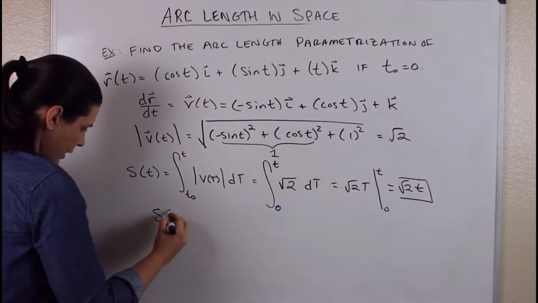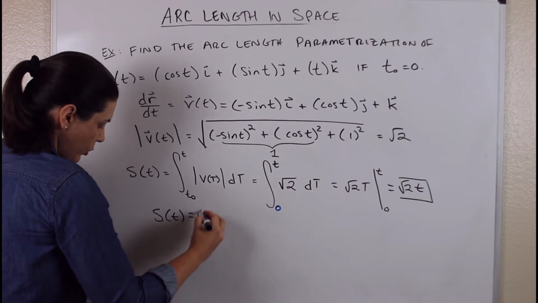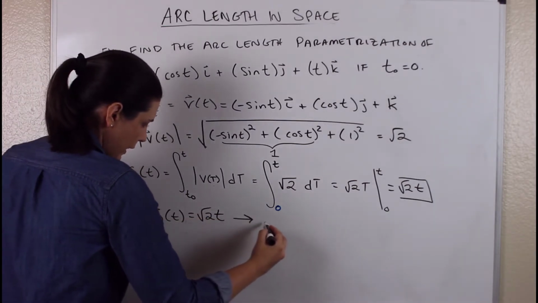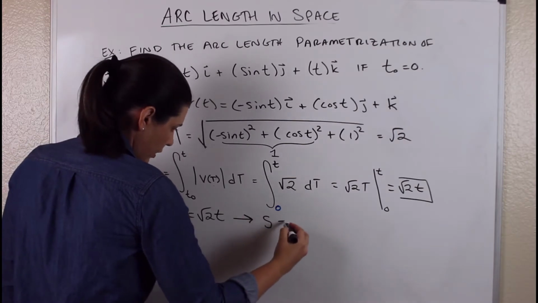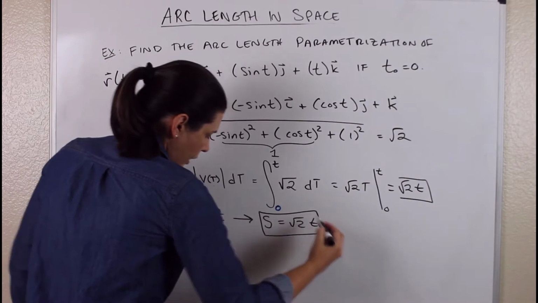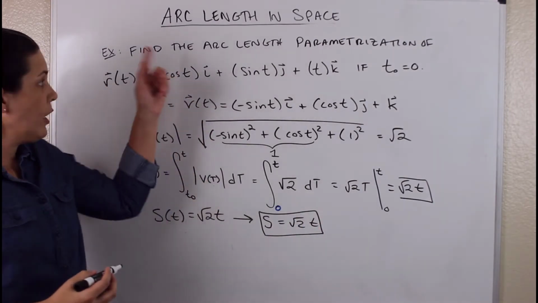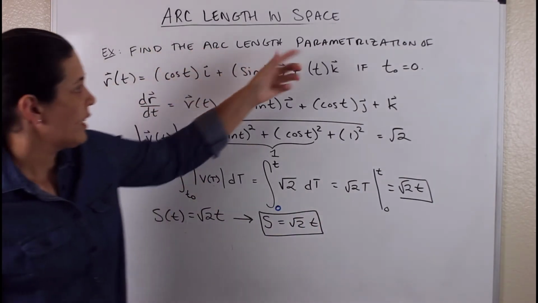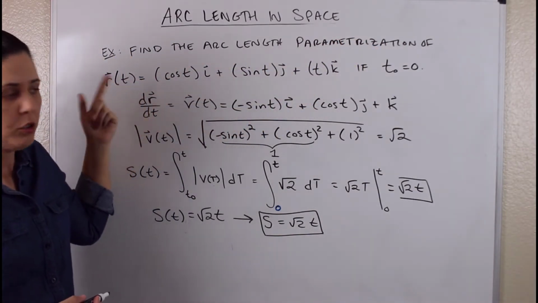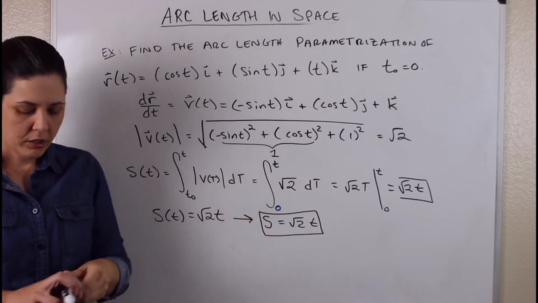We say s of t is square root 2 t. And just to make it a little bit more concise, I'm just going to say s, because I think that might help you see what I'm trying to say here. I'm not quite done, because I'm actually asked to find the arc length parameterization of this r of t function, but I do want to mention something here.